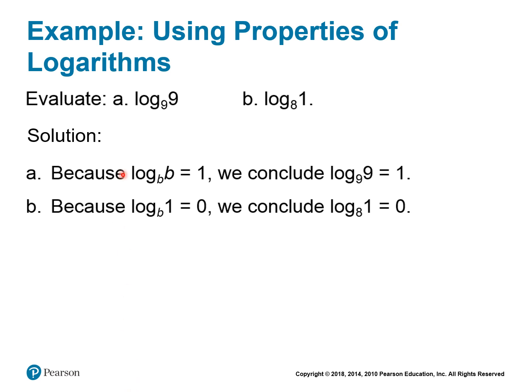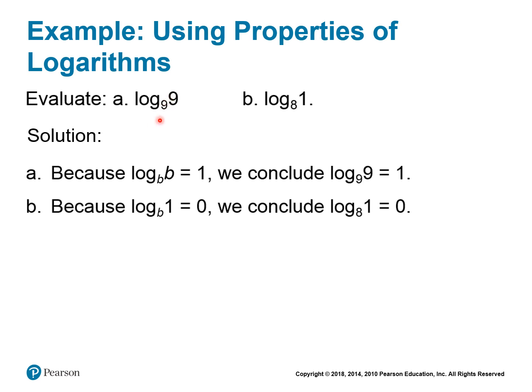Let's go through these two examples using the properties that we just learned before. It says log base 9 of 9. What is the answer going to be? Again, here we see that the subscript of the log and the number next to it are the same.